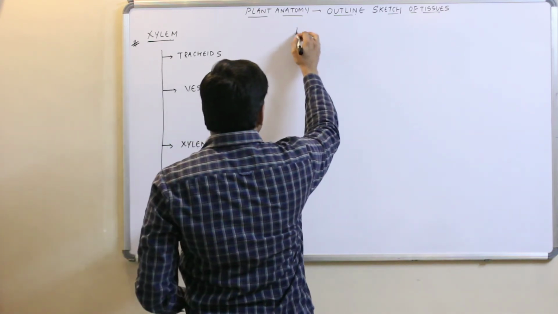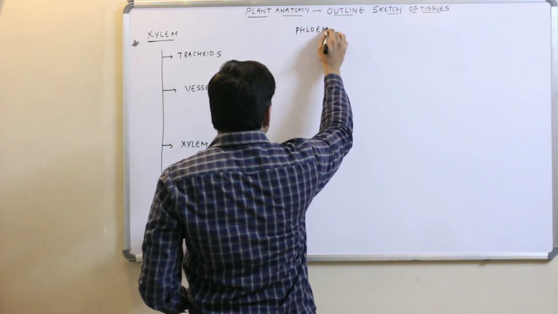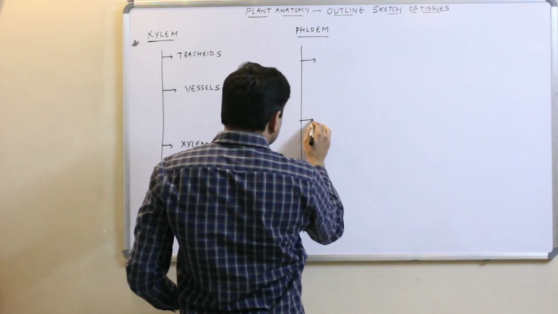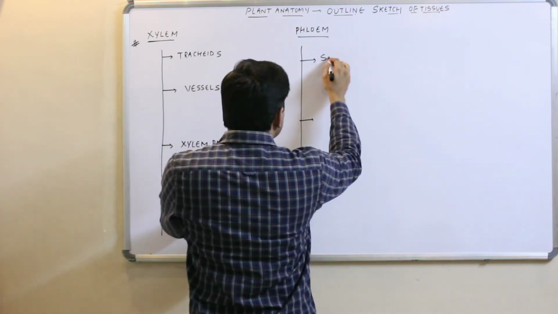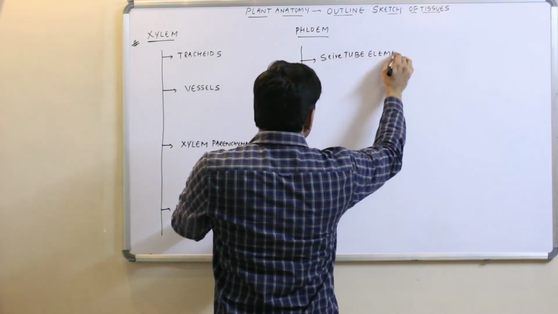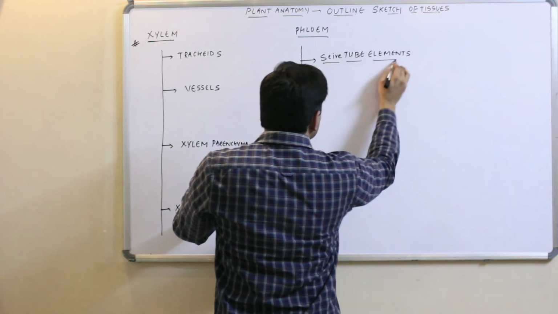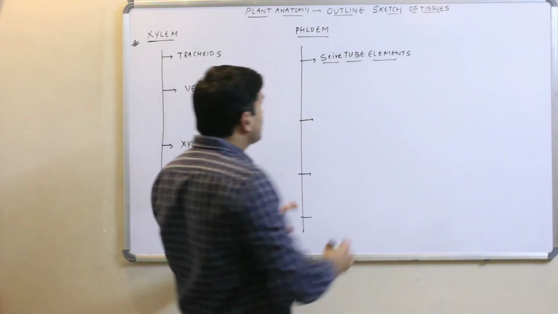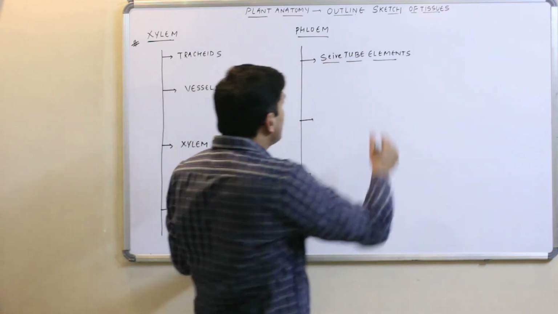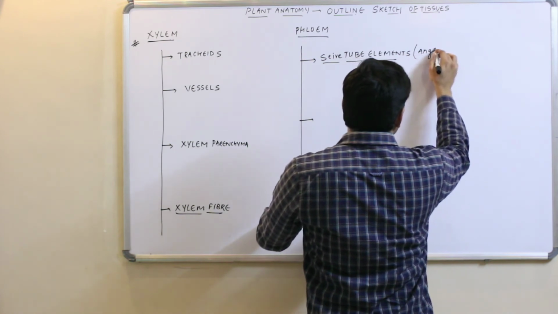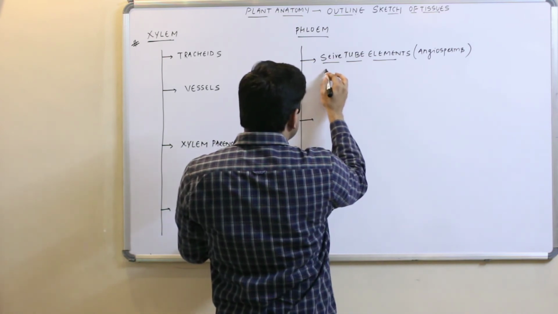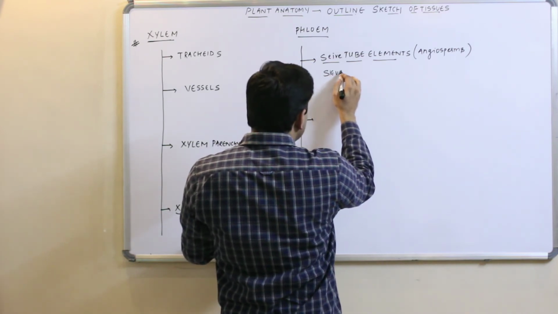Now coming to the next one, the phloem, another type of complex tissue. Again it has four types of cells. One is the sieve tube elements. And one thing I must make clear here: sieve tube elements are present in angiosperms, but in gymnosperms, remember this, sieve cells are found instead of sieve tube elements.